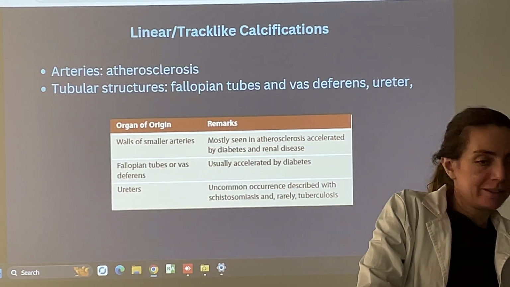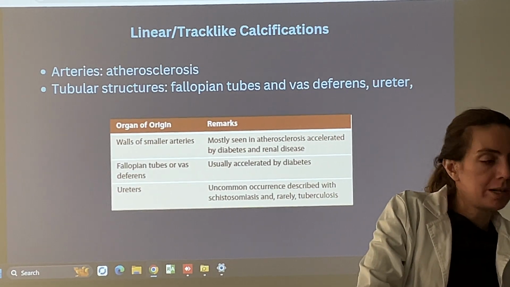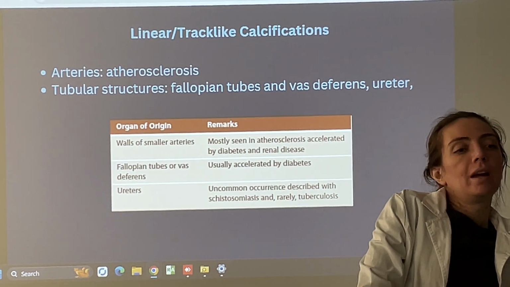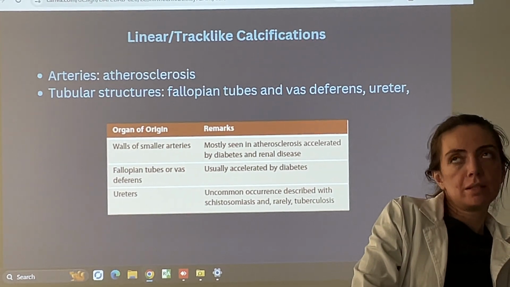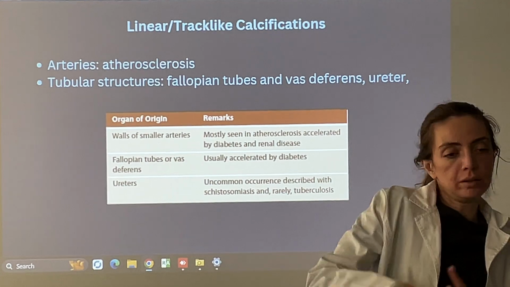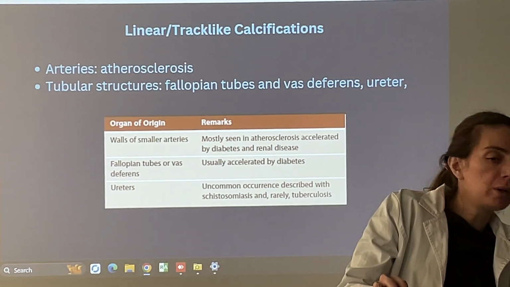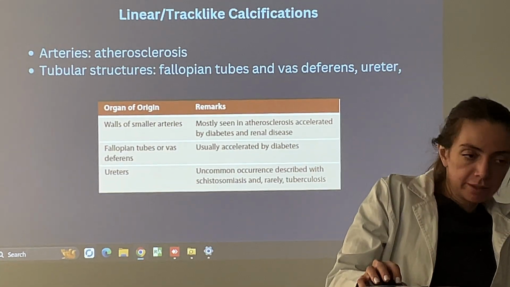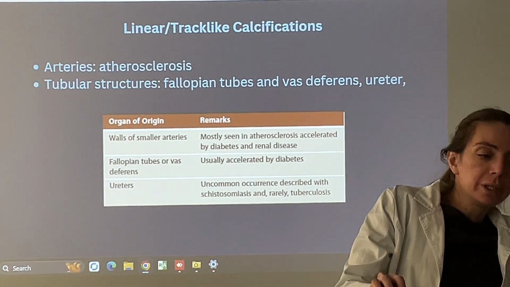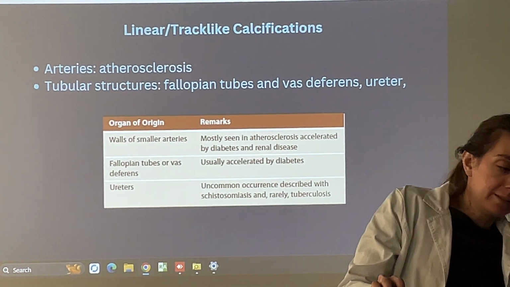Veins, the walls of the veins do not calcify. In veins, usually you can see long linear thrombi or small focal thrombi, but not calcification of the wall. What can be calcified in the vein?